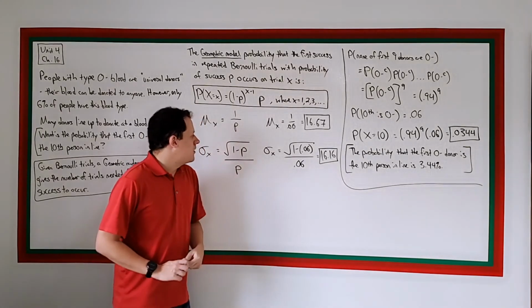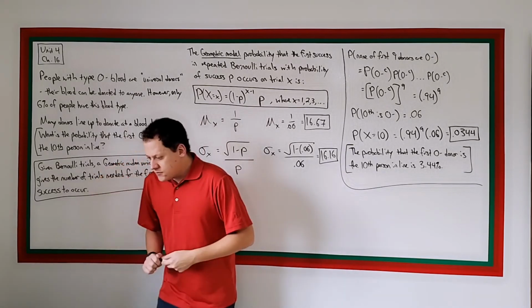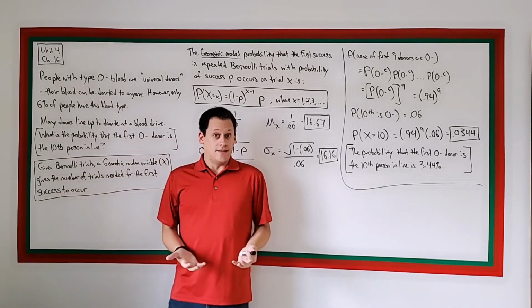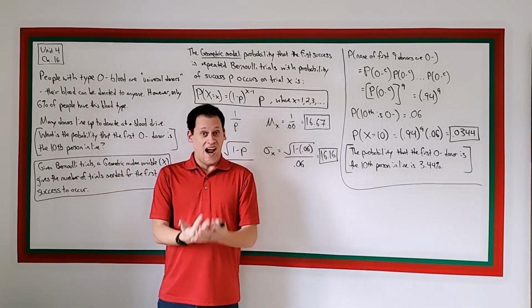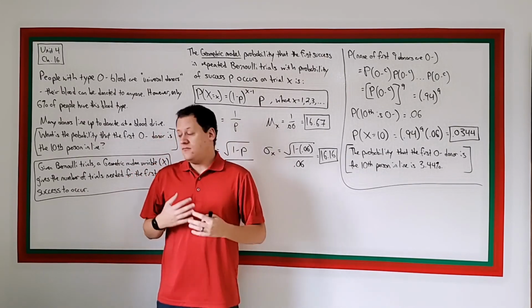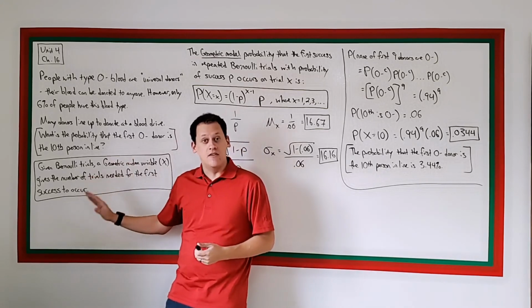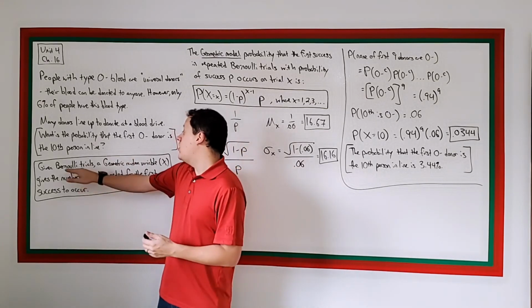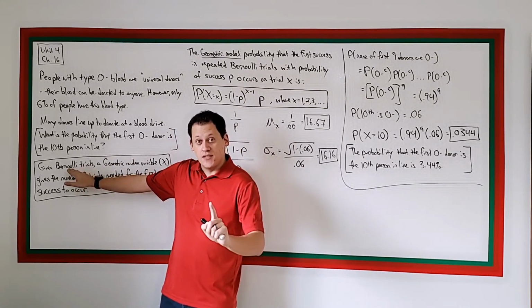All right. So, I think that's good. We learned a lot today. We introduced an entirely new distribution, a new model, the geometric model. You know how to check to see if a random variable is geometric. You need Bernoulli trials, you still need to check those conditions.